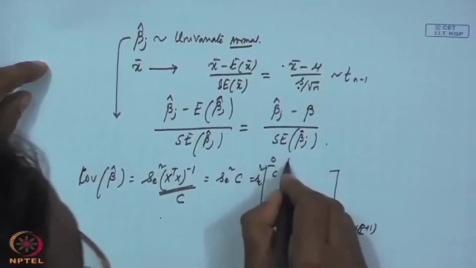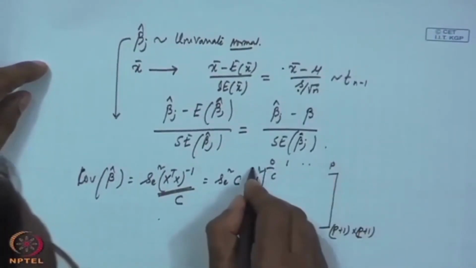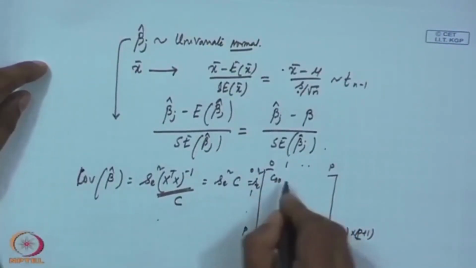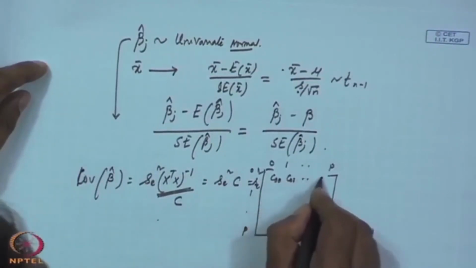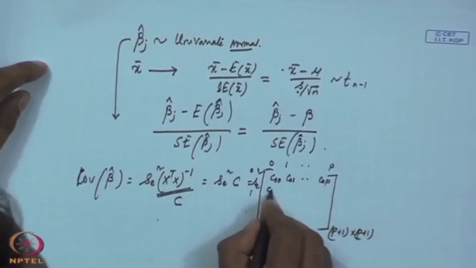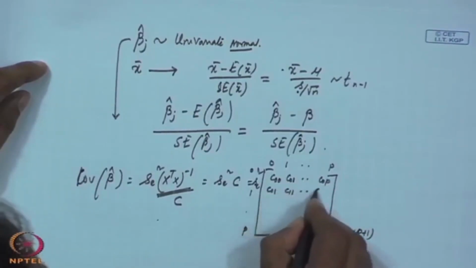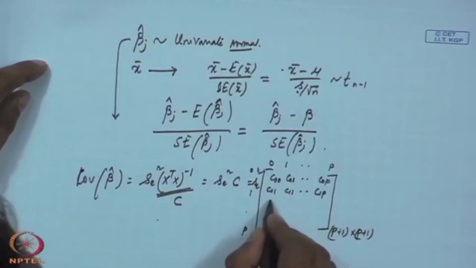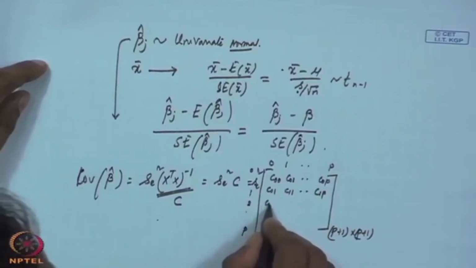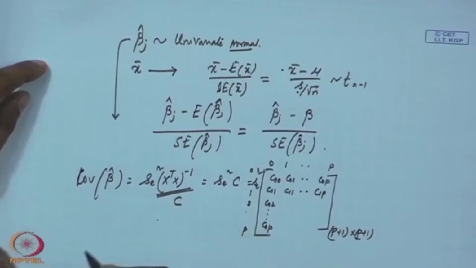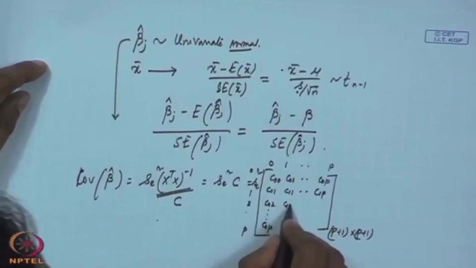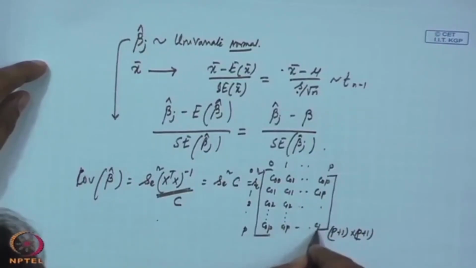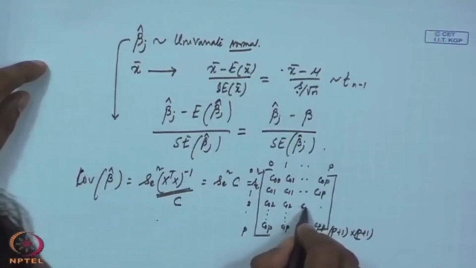First row is C 00, then C 01 like this up to C 0p, here also 0, 1, up to p. Then C 01, C 11, up to C 1p. Then C 02, like this C 0p, then C 12 like this C 1p. In this manner you will calculate up to C pp, and somewhere the jth one will be C jj.